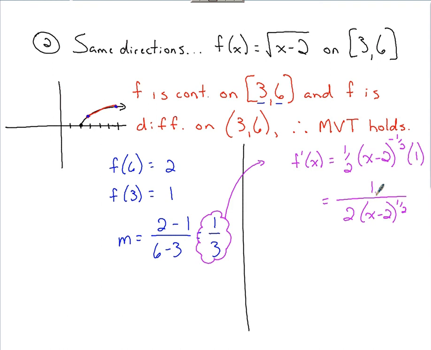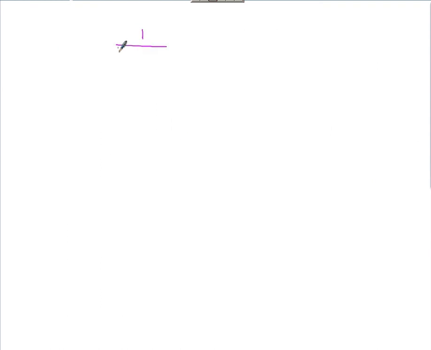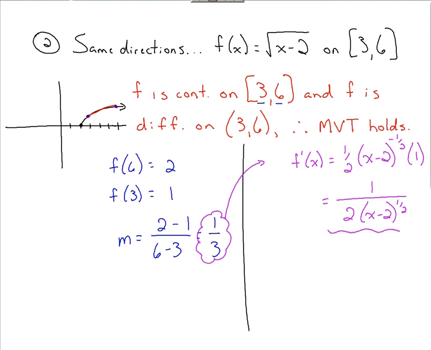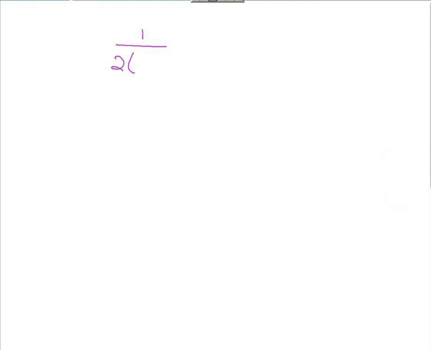So there's the derivative. We're going to take this piece, we're going to set that equal to our slope, and we're going to solve for however many c values we're going to get here. So as I do that, let me carry this over. I got 1 over 2 times the quantity c minus 2 raised to the 1/2.